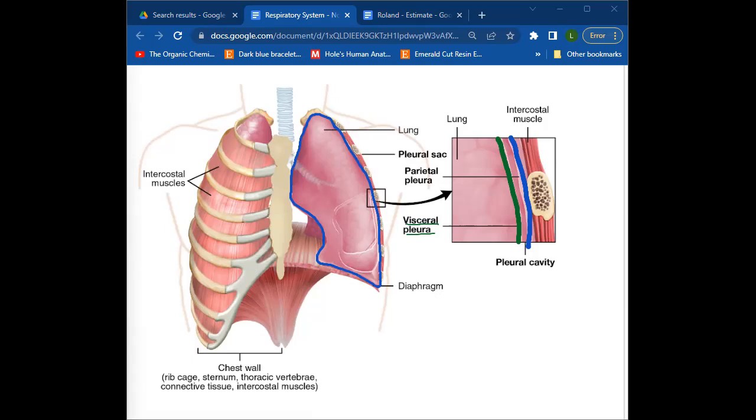Okay, then first of all, we need to know that both the visceral pleura and the parietal pleura are going to be making a type of fluid called serous fluid. And serous fluid is supposed to reduce friction.